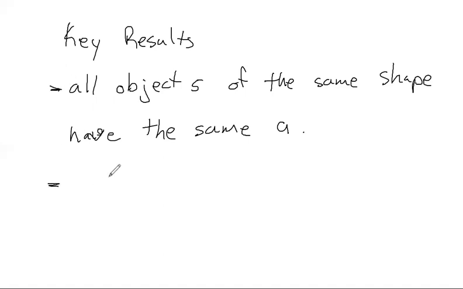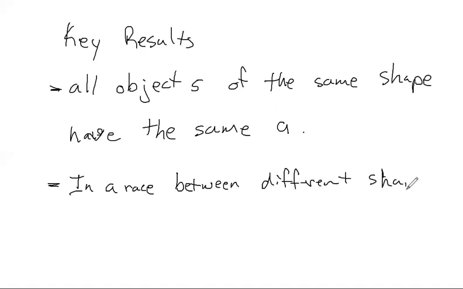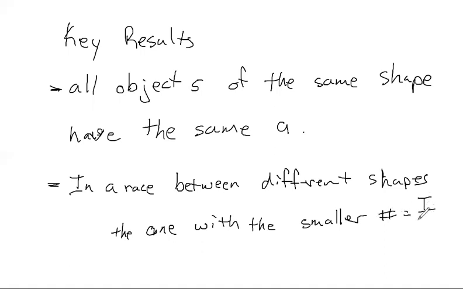Second point, in a race between different shapes, the one with the smaller number, which equals I over mr squared, will win.